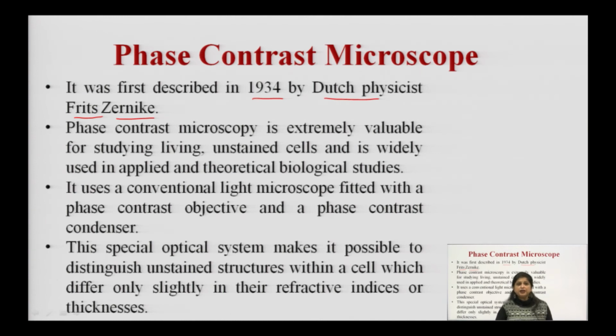This special optical system makes it possible to distinguish even unstained cells, mainly based on their refractive index changes. If there is any change in the refractive index or in the diffraction and constructive patterns, that microscope will be able to analyze and differentiate it.